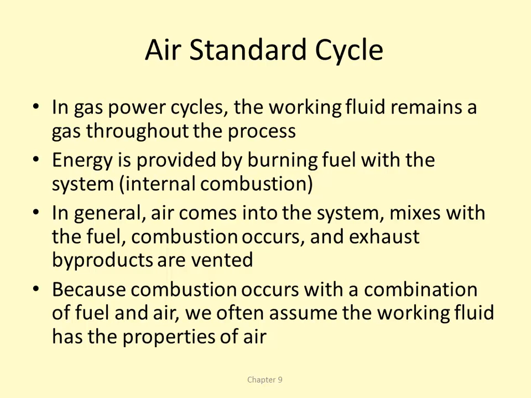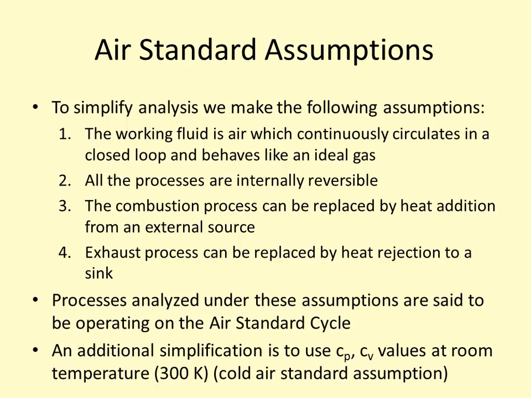The last lecture that we had, we talked about IC engines and the air standard cycle. So in gas power cycles, we have a gas throughout the process. In a steam power plant, we can alternately vaporize and condense. In a gas power plant, we don't have that option, but we can make certain assumptions that allow the analysis to be a little bit easier. So we assume that the working fluid is air, which loops continuously.